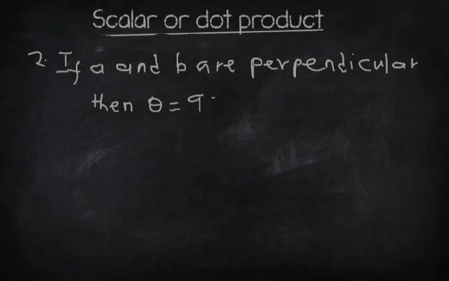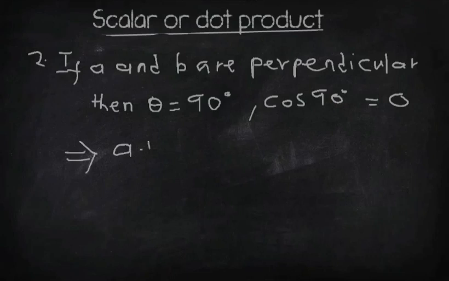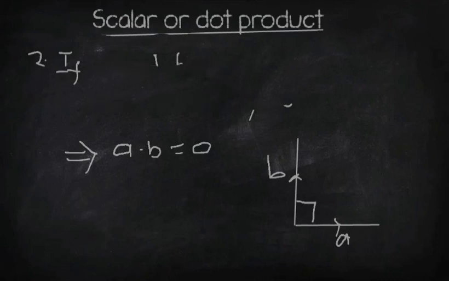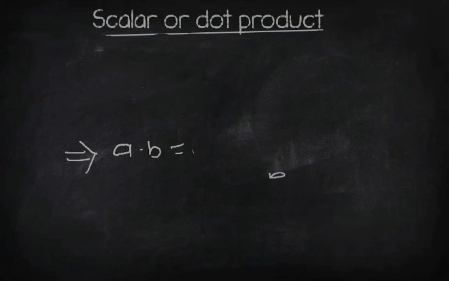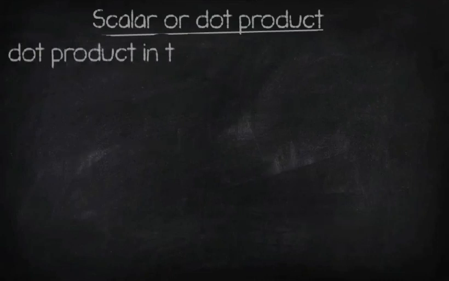Then theta is equal to 90, as I've already said earlier. Cos 90 is equal to 0. So a dot b is equal to 0, since the 0 will multiply the absolute values and you get 0. So this is the diagram. The angle between them is 90 degrees.